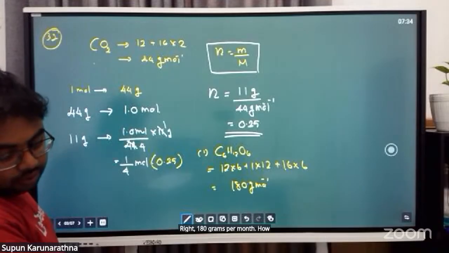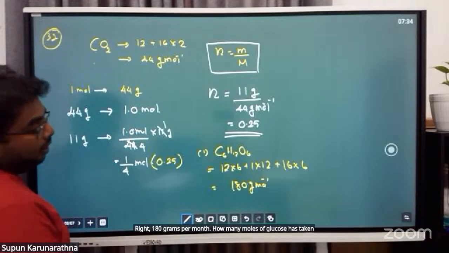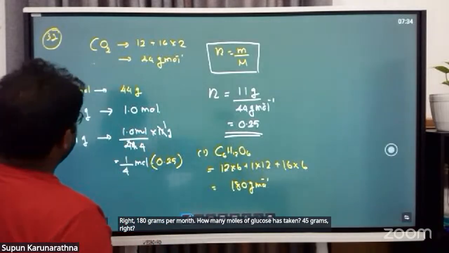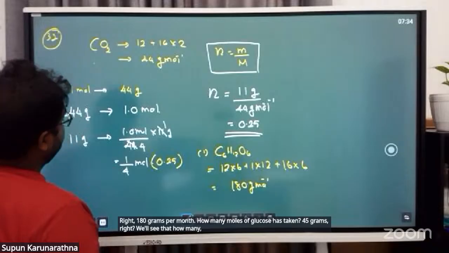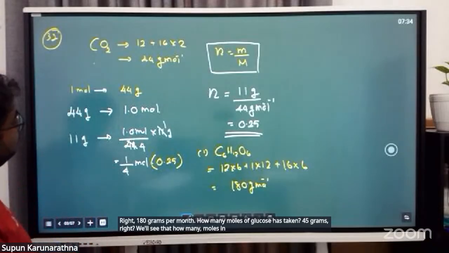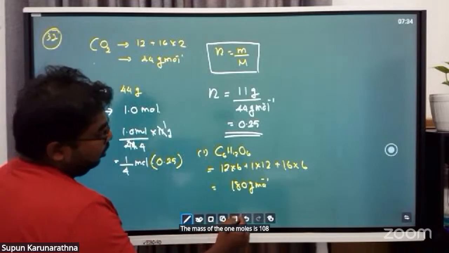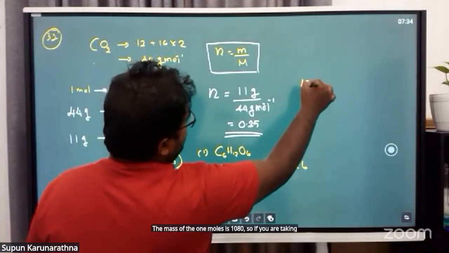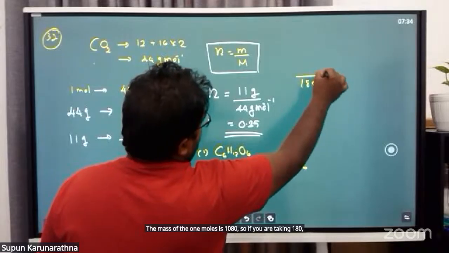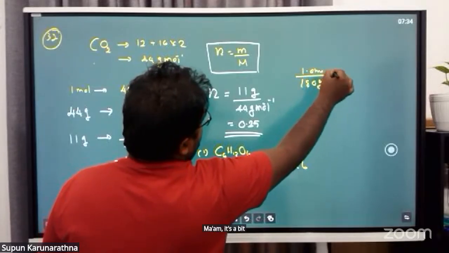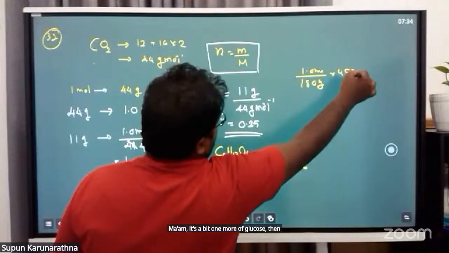How many moles of glucose have been taken? 45 grams. We will see how many moles are in 45 grams of glucose. The mass of 1 mole is 180. If you take 180 grams, it has 1 mole of glucose, so how many in 45 grams?